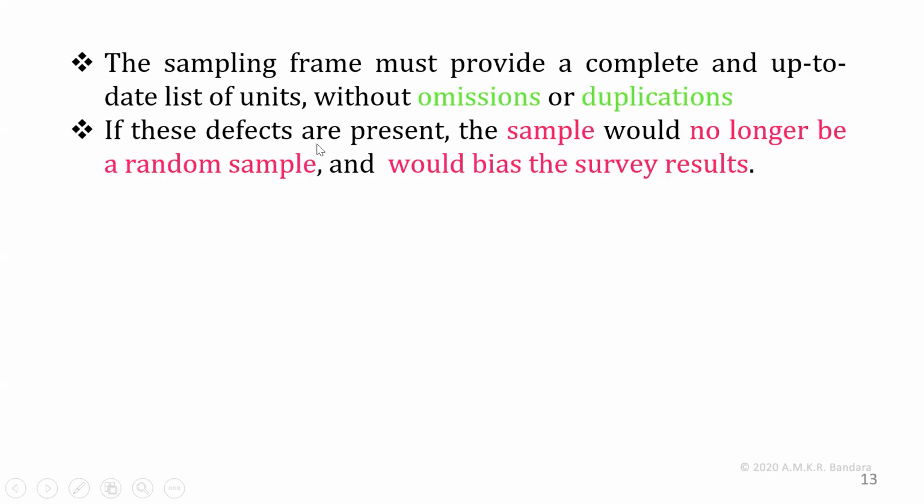If these defects are present in your sampling frame, the sample drawn using that sampling frame will not be unbiased. It will be biased. Therefore, it is very important to prepare the sampling frame carefully in order to draw a valid sample using simple random sampling.